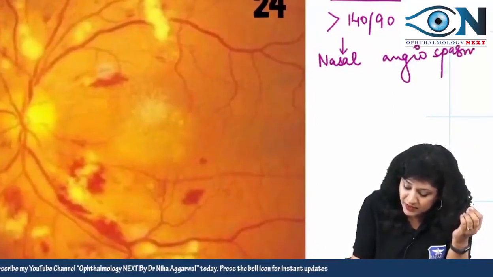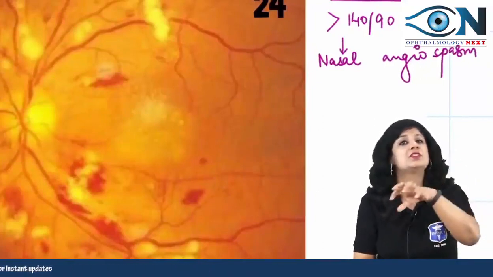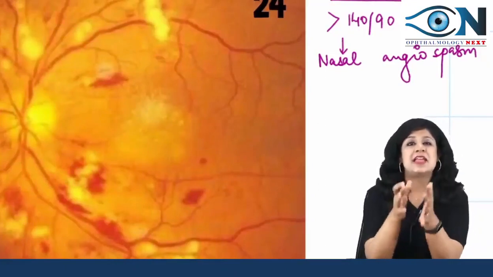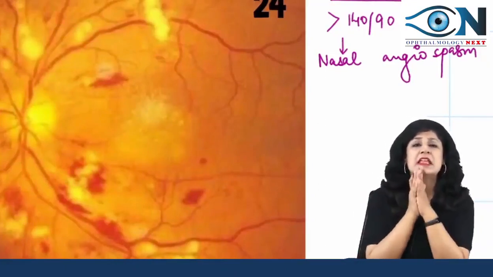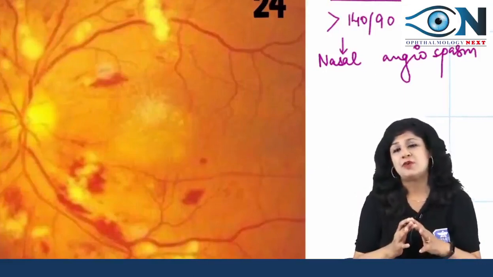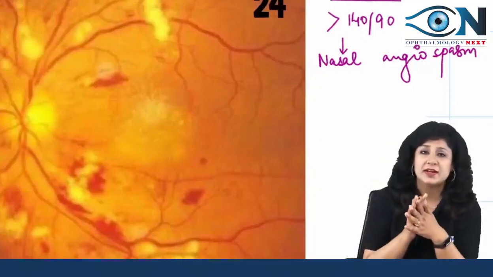Angio means the vessel and spasm means the attenuation, and nasal is the quadrant in which it is found. So the first thing that we get is nasal angiospasm, and this will be directly proportional to the severity of hypertension. The more the hypertension, the more the severity you are getting.